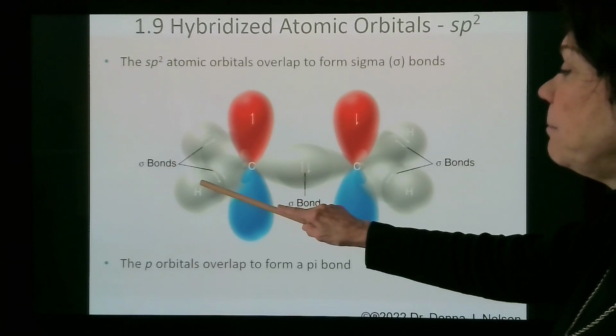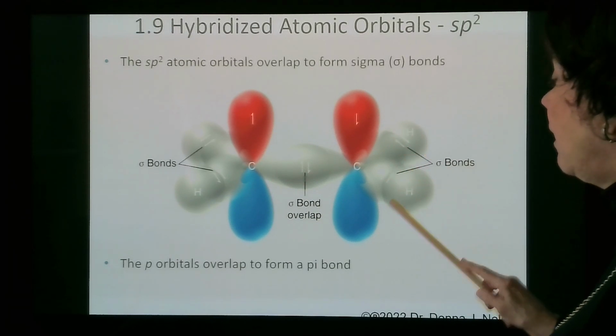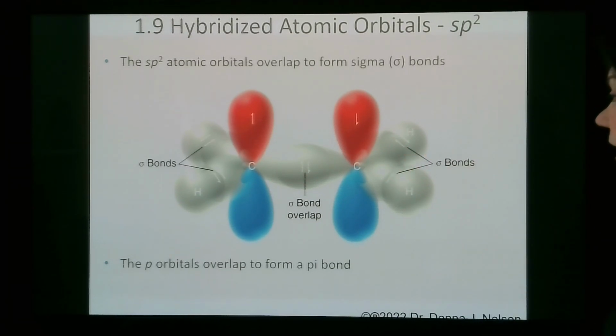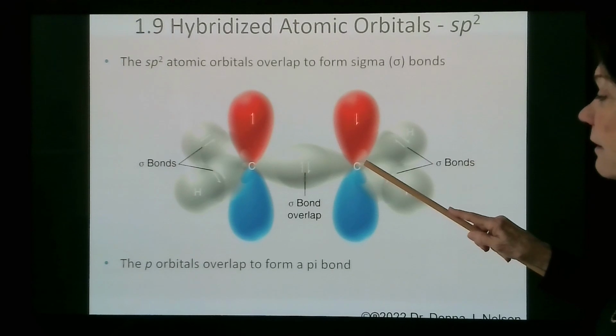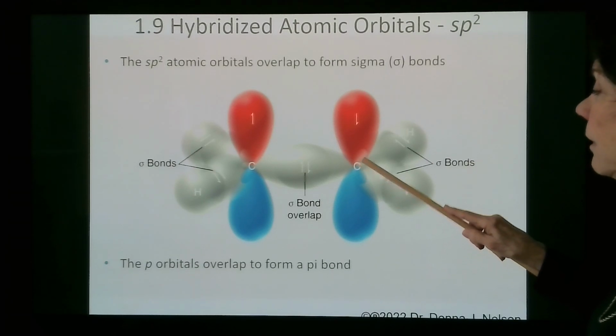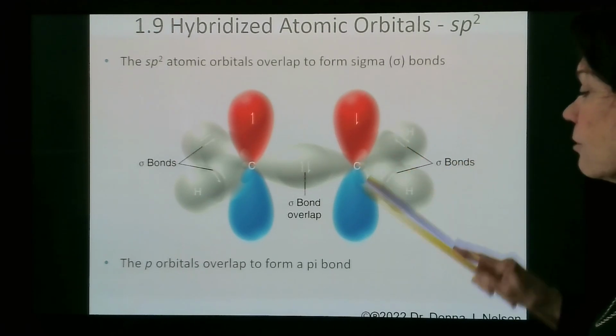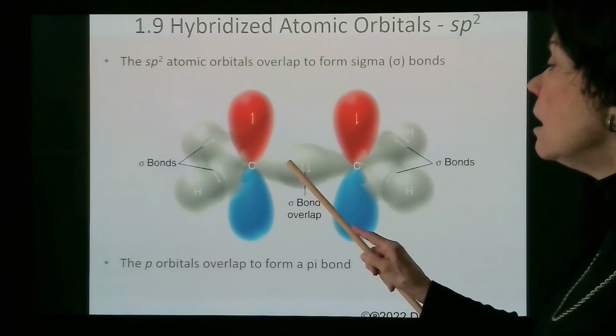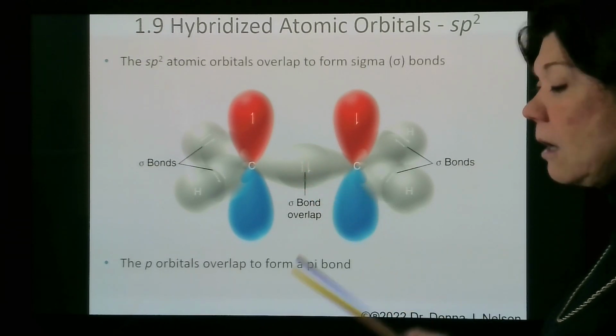So these are sigma bonds, these are sigma bonds. And it's the exact same situation down here on this carbon. Carbon is donating 1 electron, a hydrogen is donating 1 electron. This is a sigma bond also.